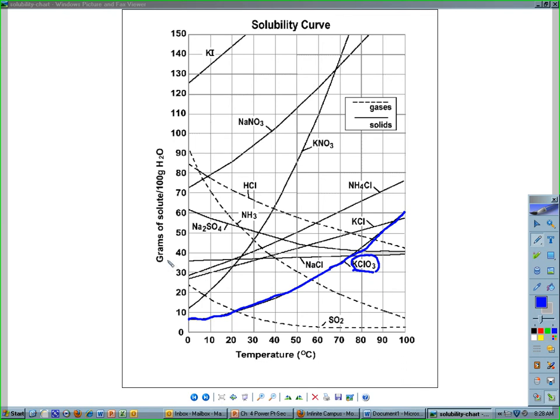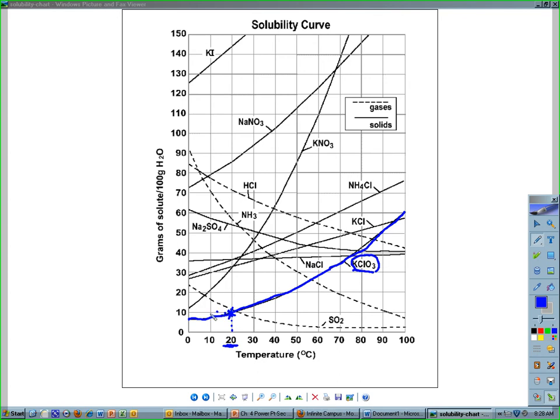So going up is grams of solute. This is the grams of stuff that will dissolve. Grams of potassium chlorate in this case. Across is temperature. How you do it is you find the temperature. I said the problem would have 20 degrees. Here's 20 degrees. You go up from 20 degrees until you get to the line. Here's the line.